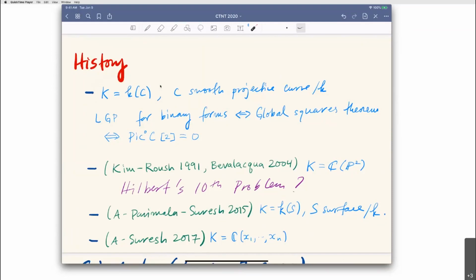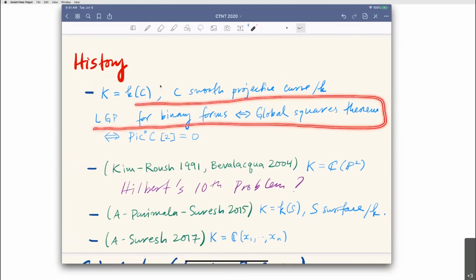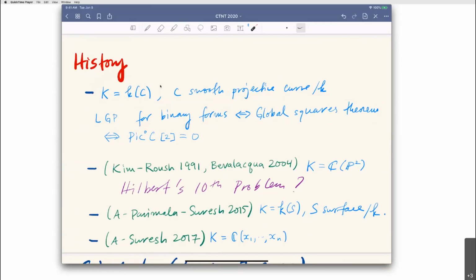These two are equivalent. If the global squares theorem holds, so if being locally a square implies that you're globally a square, then that is equivalent to the local-global principle for isotropy holding for all binary quadratic forms over that field.